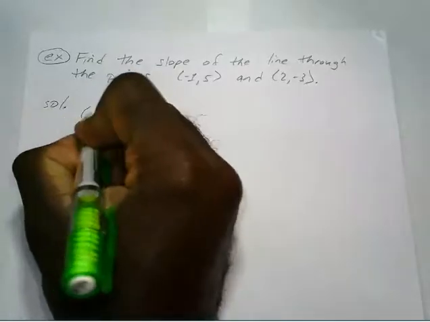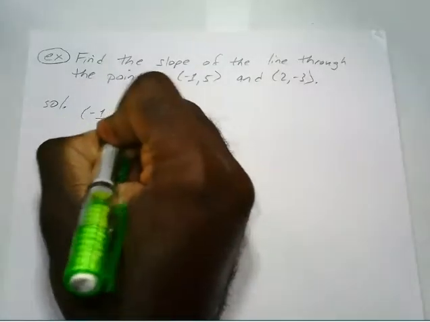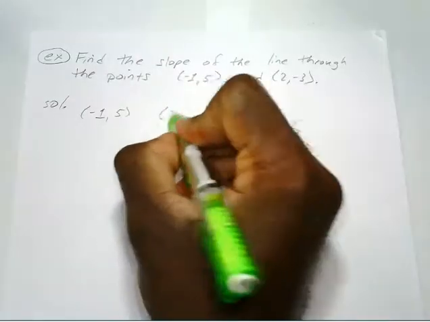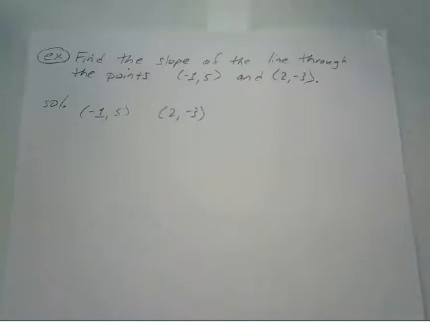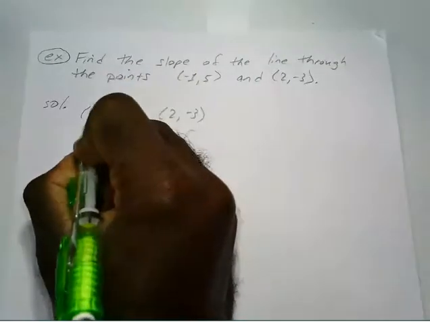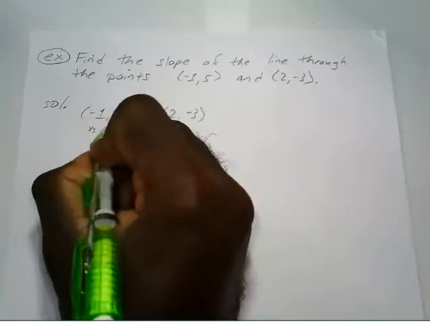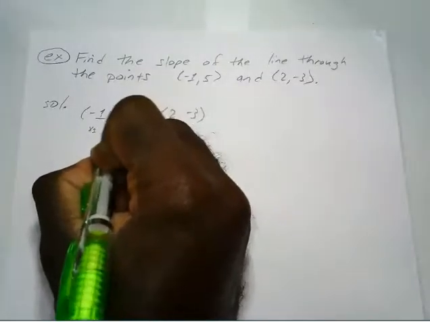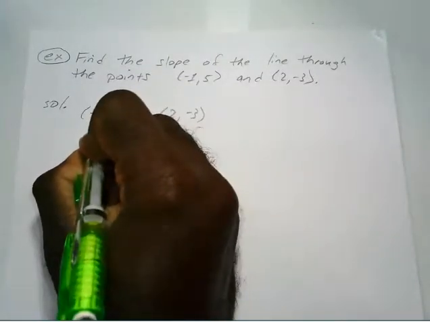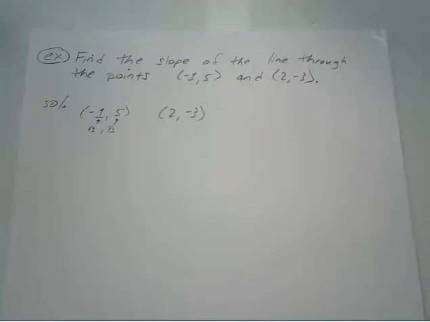What I'm going to do is just rewrite those two points. To solve this, the first thing you do is assign your x1, y1 and your x2, y2. Let's say we make this our x1 and this our y1. Let me clean that up a little bit.